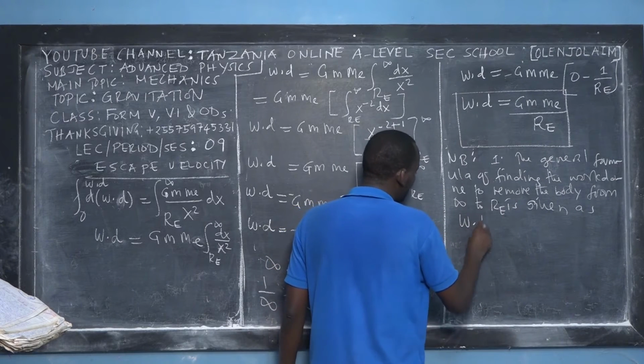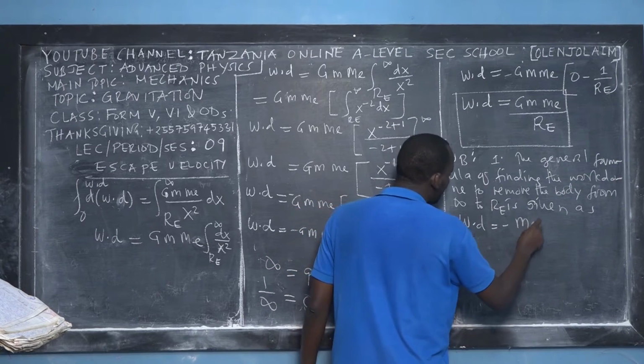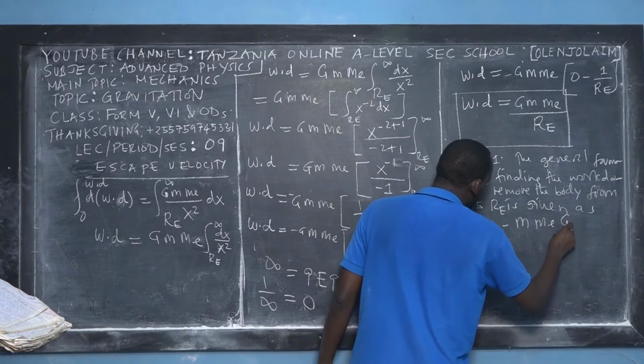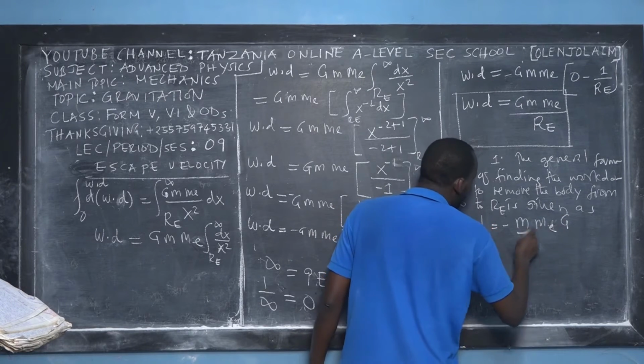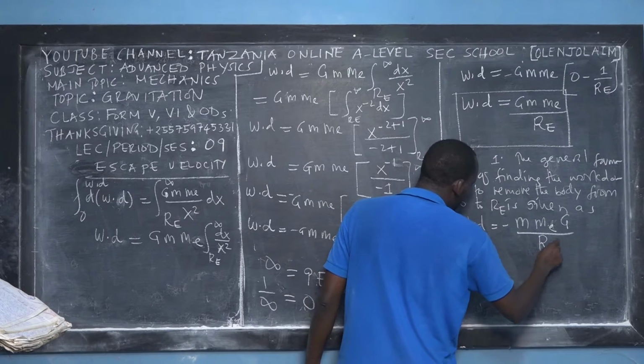So the work done for that case is negative mass of the body, mass of the Earth, times universal gravitational constant over radius RE.